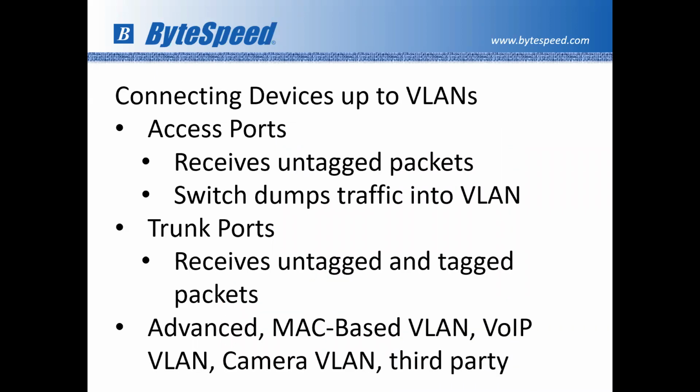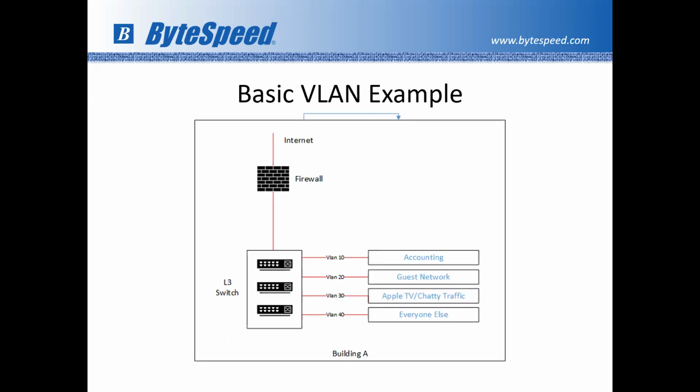Okay, so I kind of already touched on this. Access ports receive untagged packets, and they literally take that traffic and dump it into the VLAN that you put it on. So if we go back to this example here, I have a computer. My accountant Ryan needs access to that accounting VLAN.